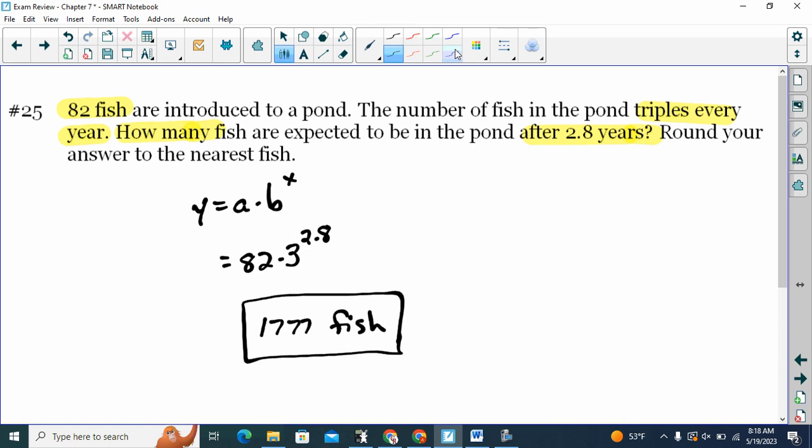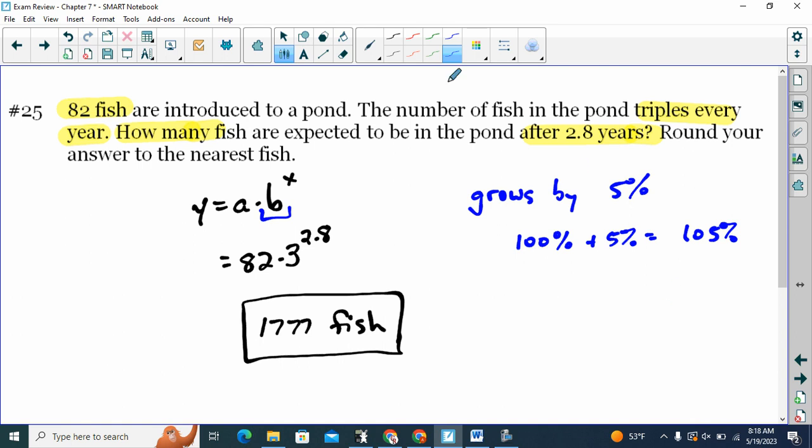A couple other things on these types of problems I want to make sure I mention. The b value is the thing that sometimes gives us trouble. If it says something like it grows by 5%, to find b, we are going to start with the 100% that we currently have and add the 5% to get 105%.